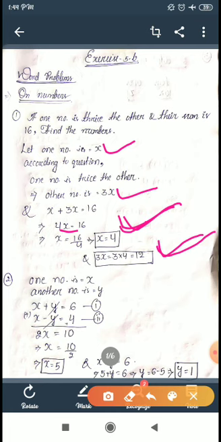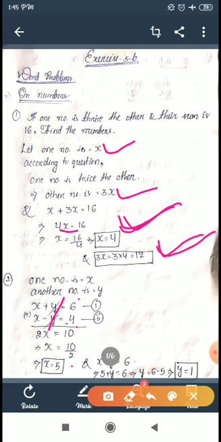Now add the two equations to eliminate y. Here I have added, and y and y will be cancelled out. So 2x equal to 6 plus 4, that is 10. 2x equal to 10, x equal to 10 by 2, so x equal to 5.